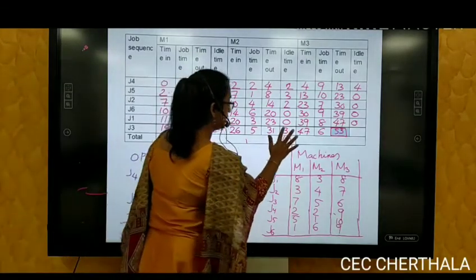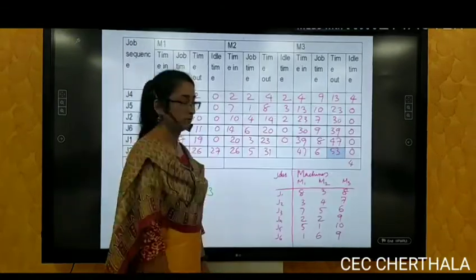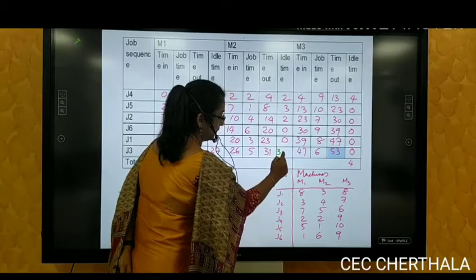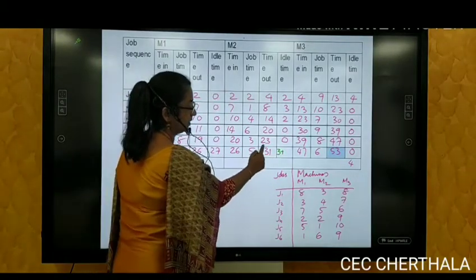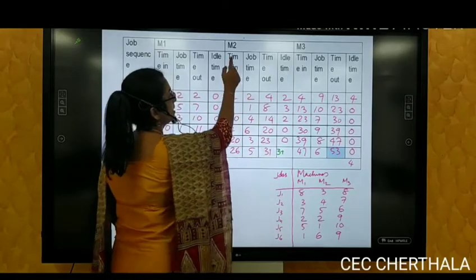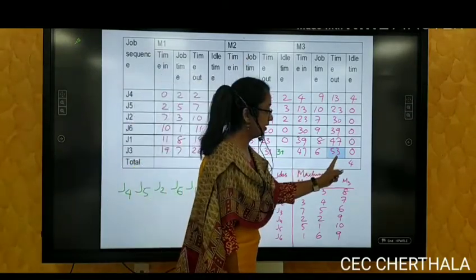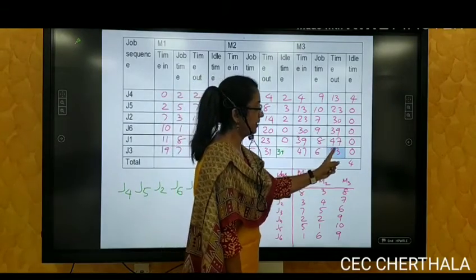Here there is one correction. This is not 3 actually. We should add some more days to 3. So 3 plus, actually after 31st day, machine M2 is totally free till 53rd day. At machine M3, the job is completing on the 53rd day.